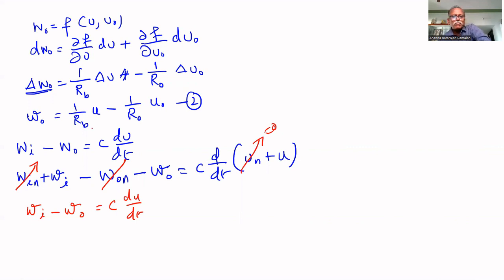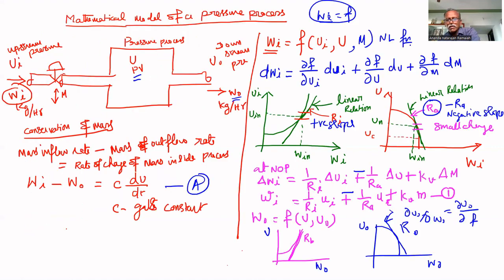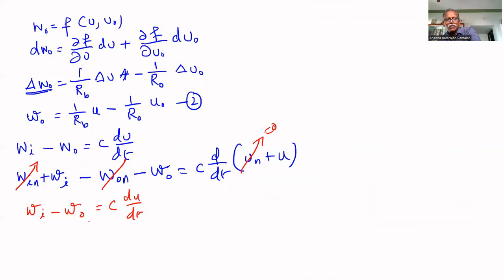This can be substituted from 1 and 2. We'll get, equation 1 says wi equal to 1/Ri ui plus 1/Ra u plus Kv, the valve gain, multiplied by m, minus w naught.